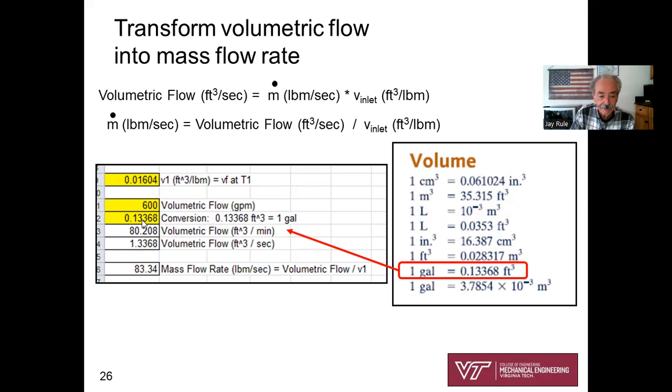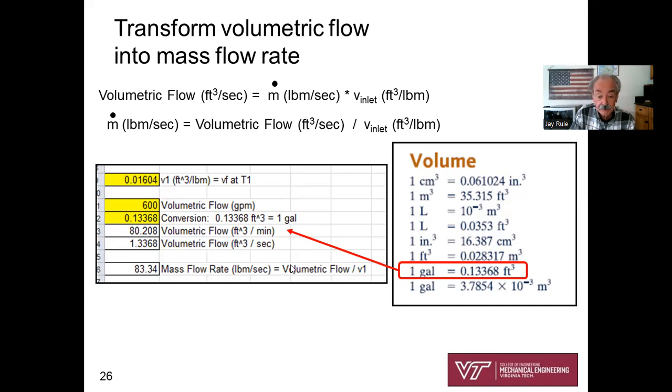Well, I need cubic feet per second, so there's 60 seconds in a minute. So I'm going to divide 80 by 60 seconds in a minute to get 1.3368 cubic feet per second. So that's my volumetric flow rate that I need.